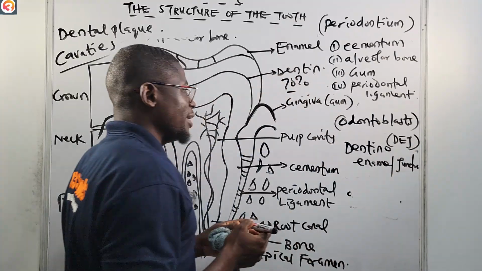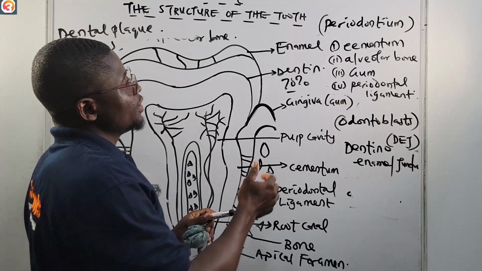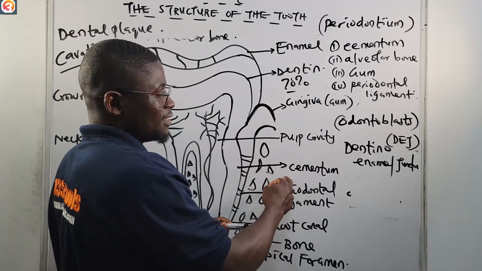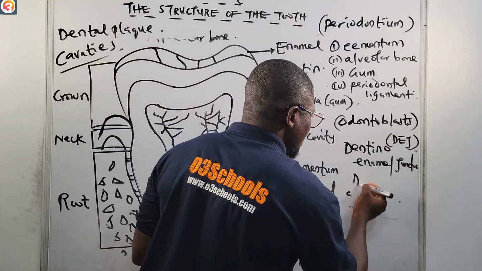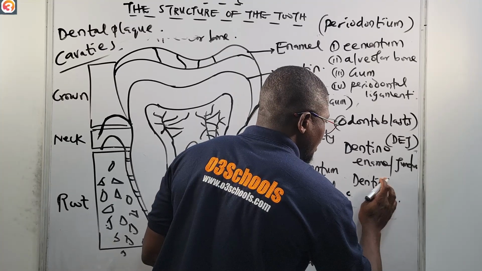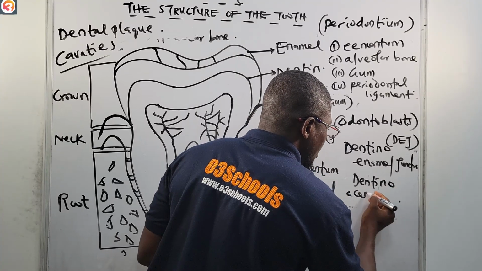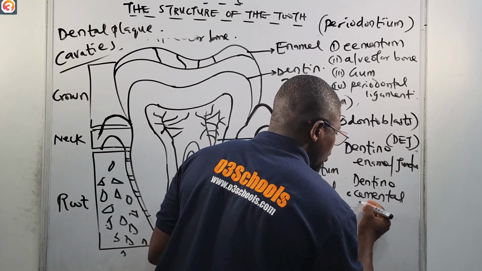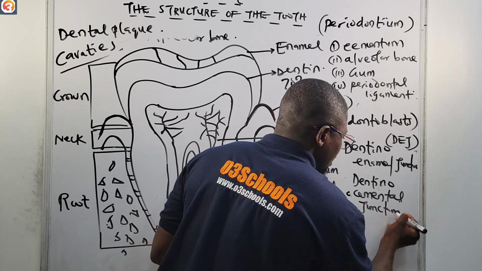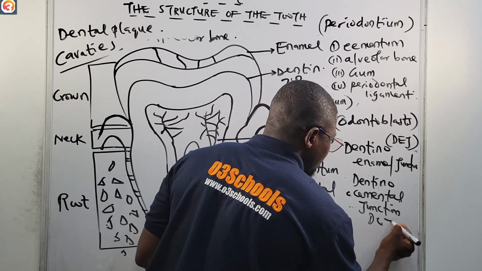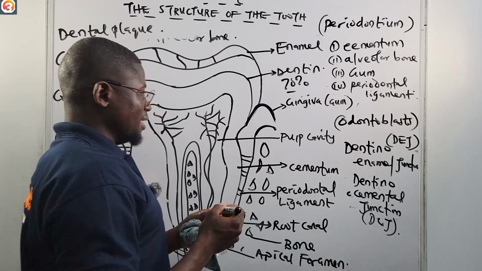While the junction where the dentin meets the cementum is called the dentino-cemental junction, DCJ for short. Please take note of that.